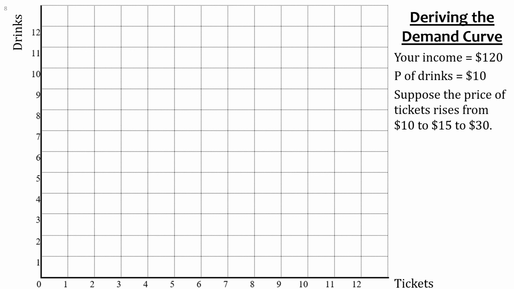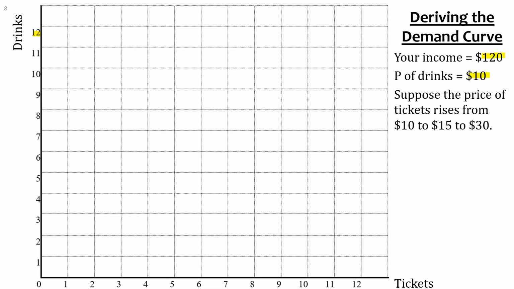What I would suggest that you do right now is to draw 3 budget lines. You should be able to figure out how to do the budget lines. The budget line is a straight line, and all you need to do is take your income and divide it by the price of drinks. That's going to give you 12. That's always going to be your vertical intercept, so that's easy.